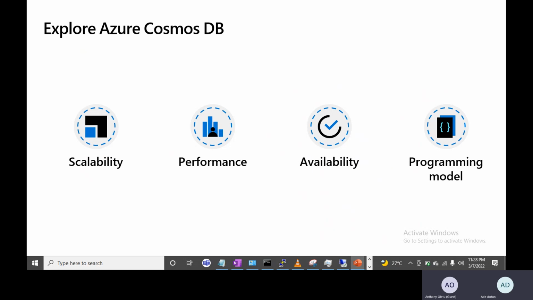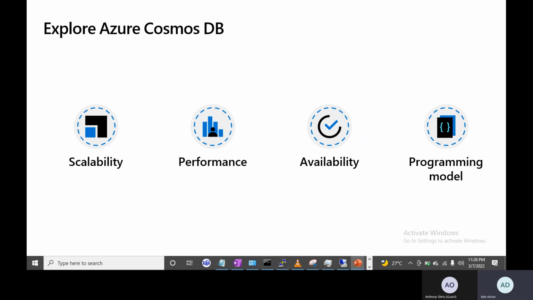It can increase and decrease performance or something. Okay, good.